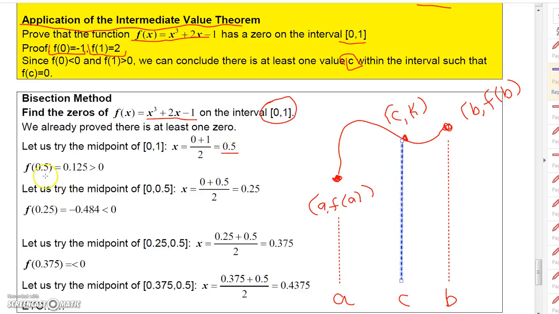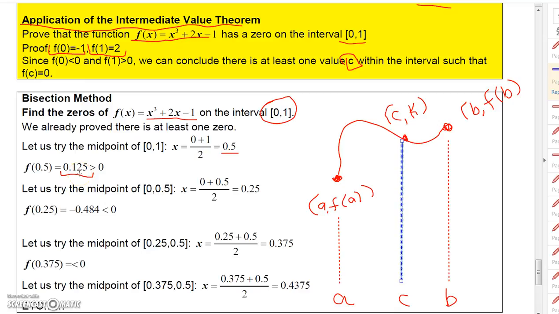If I plug 0.5 into this function, you get 0.5 cubed minus 2 times 0.5 minus 1. I got a positive number, I got 0.125. Well, remember, 0.5 gives me a positive y value, but 0 gives me a negative y value, so there must be a root between 0 and 0.125.